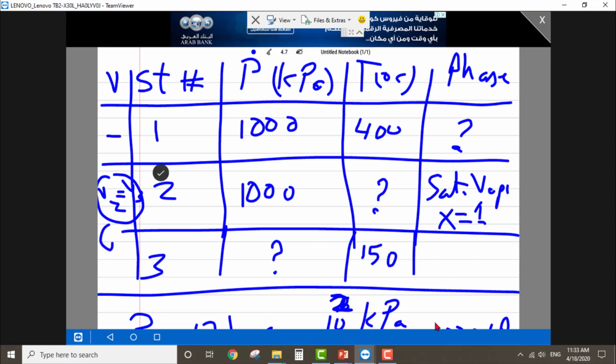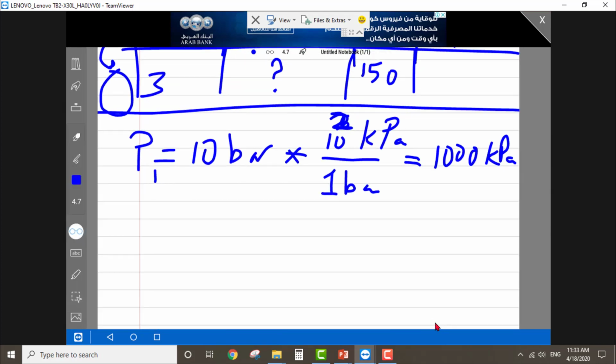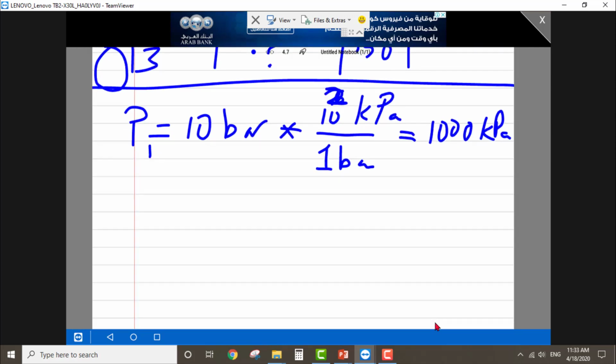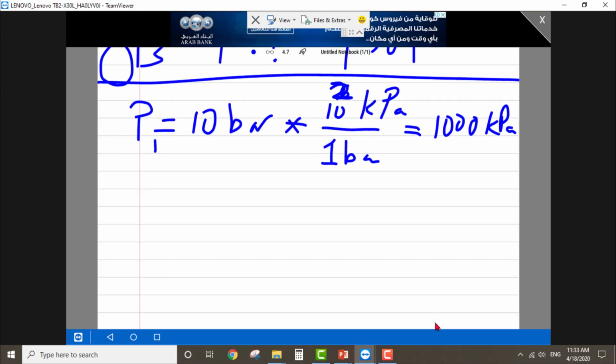So this is all the information that we have. So let's start finding out the unknowns first. Then we'll come back to the first requirement, which is drawing the PV and TV diagram.